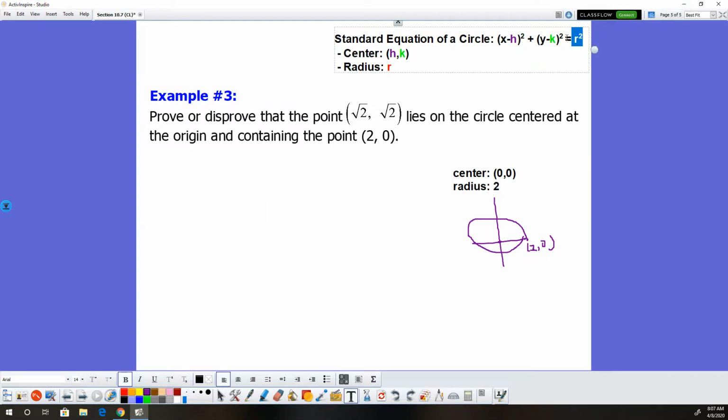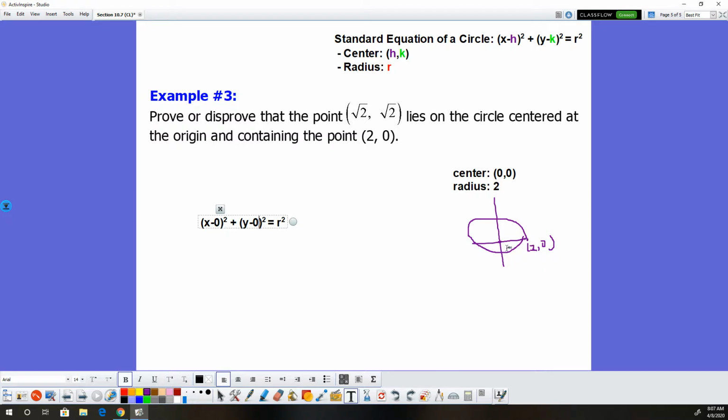So if I rewrite this, okay, so h is always the x value of our center, which is 0. k is always the y value of our center, which is at the origin, so it's still 0.